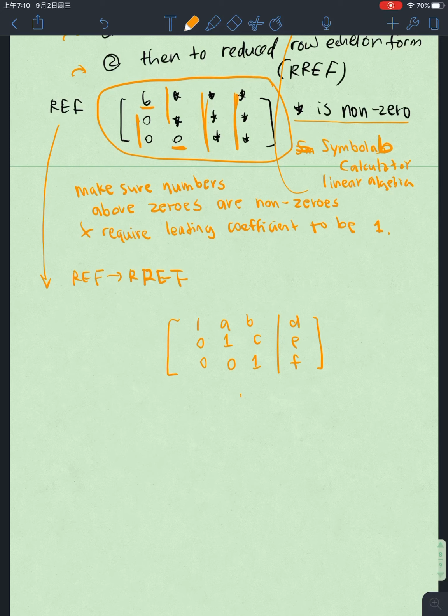You know that A times X plus B times Y equals D, and C times Z. Oh, sorry, I made a mistake. It's going to be A times X, and B times 0 equals D, and then C times Z equals E. And whatever, just ignore this. If this is like a G, it will be G times Z equals F. And you solve this, you will get the answer. And that's the basic idea.